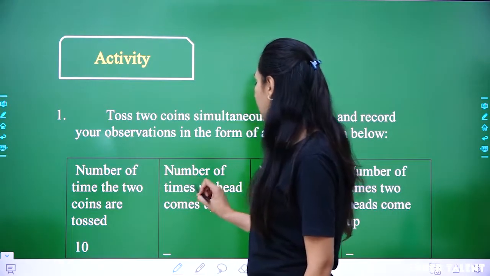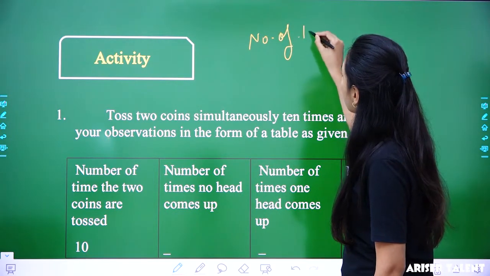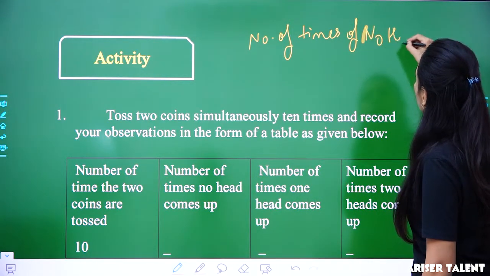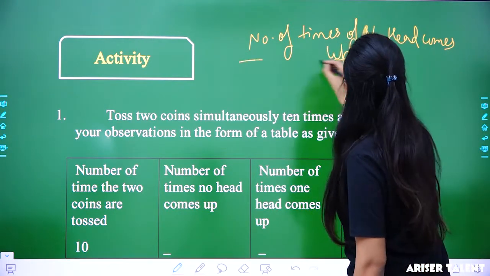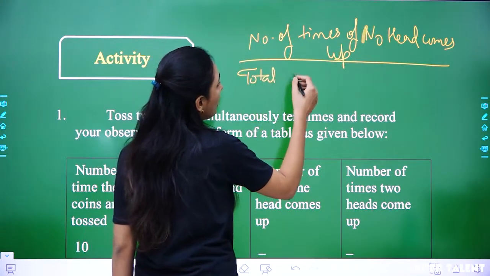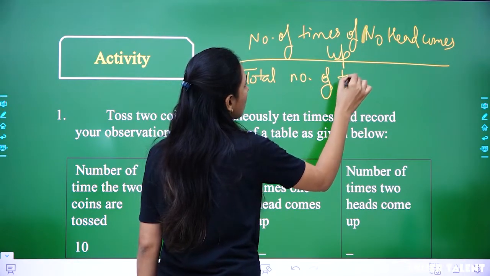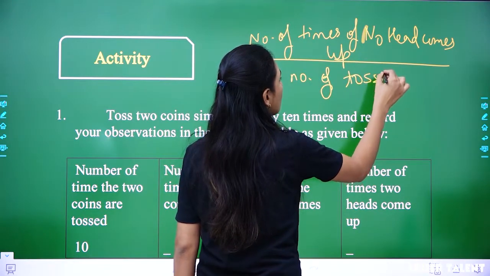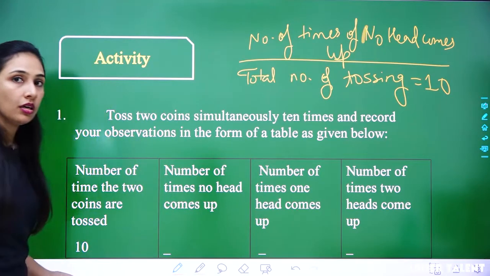The number of times no head comes up upon the total number of tossings. The total number of tossings is definitely going to be 10 in the first activity.